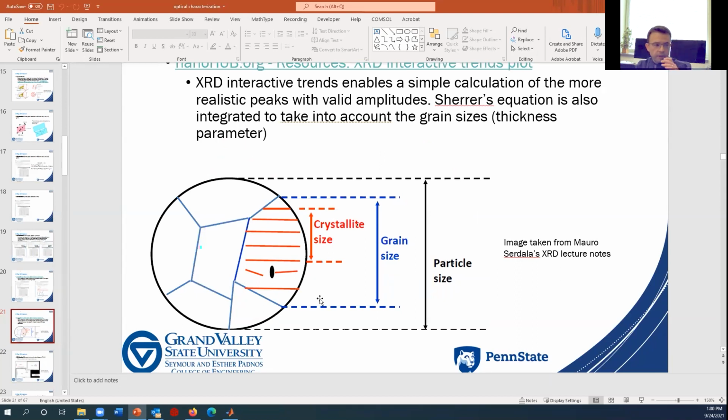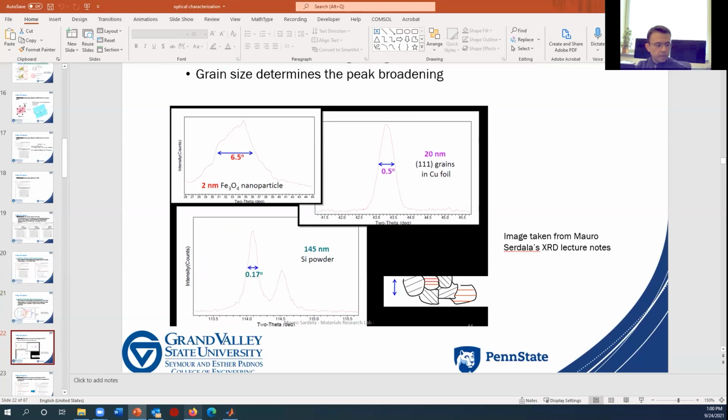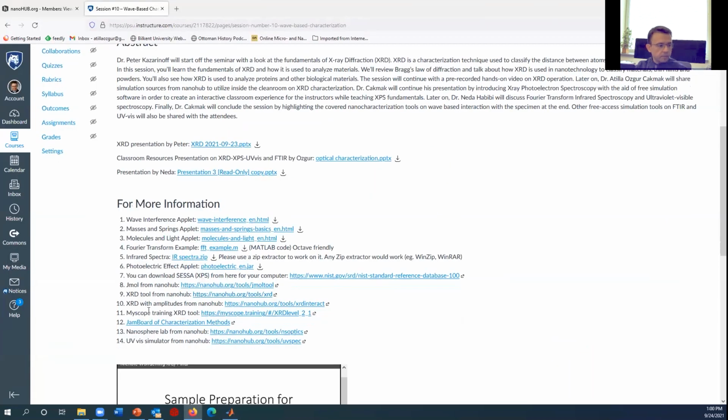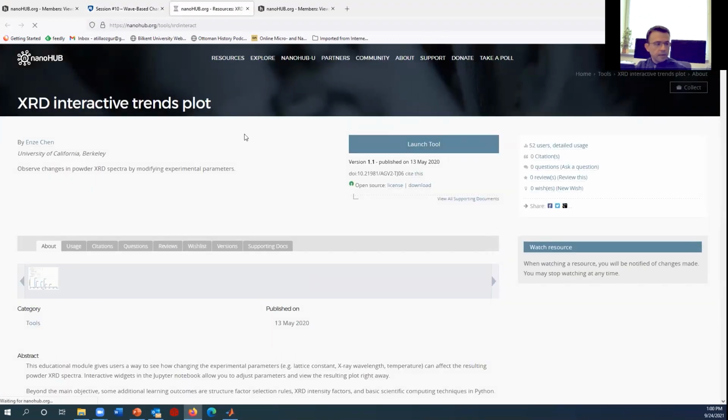The nanoparticles are already getting very close in terms of the sizes, like you can see 2 nanometers. So that's going to be an issue for us. That's another tool here, XRD with the amplitude. If you go in there and launch the tool, now we can identify the problems that come from looking at bulk materials or these kinds of nanoparticles under XRD.